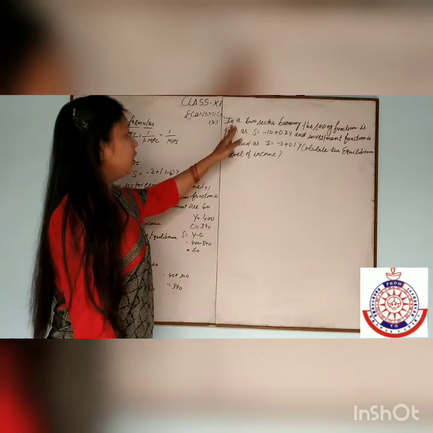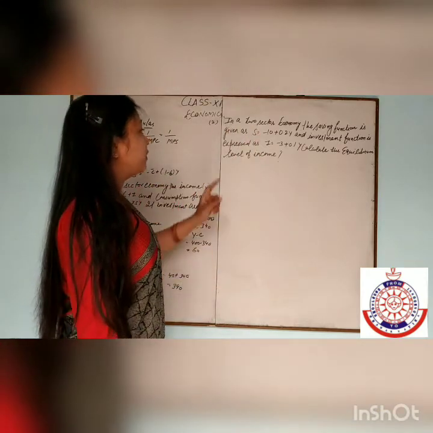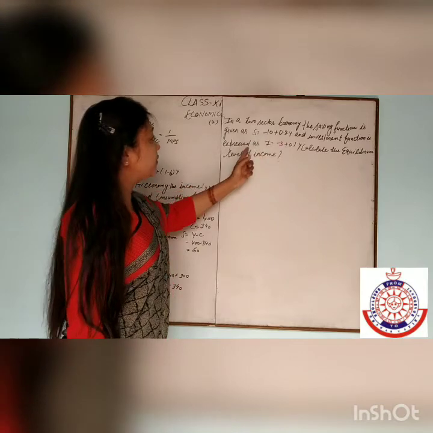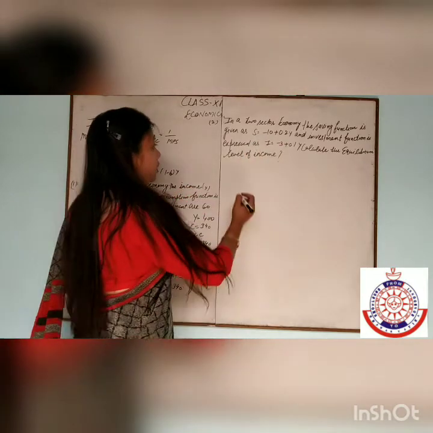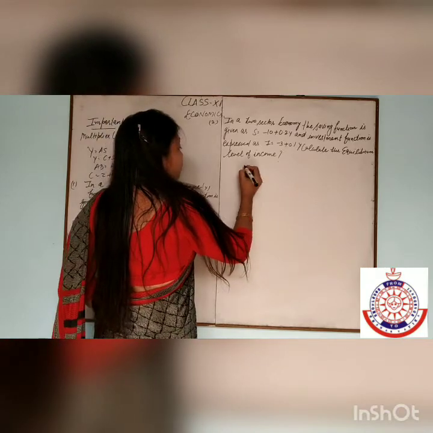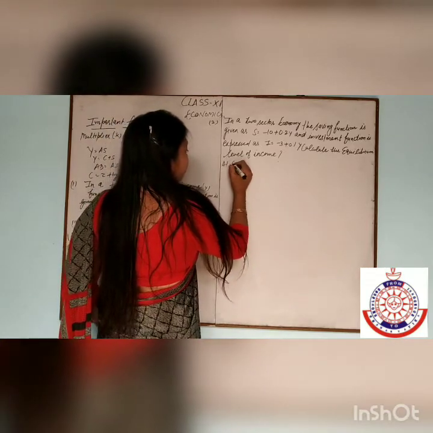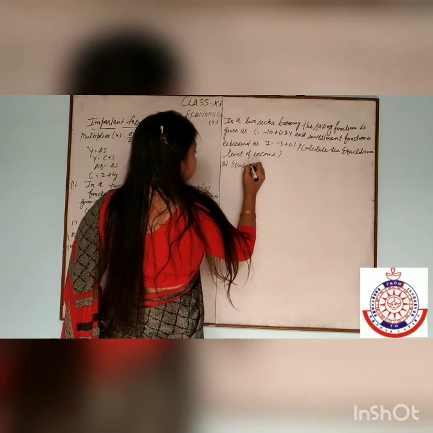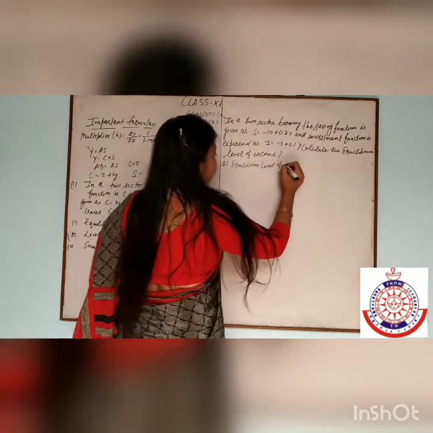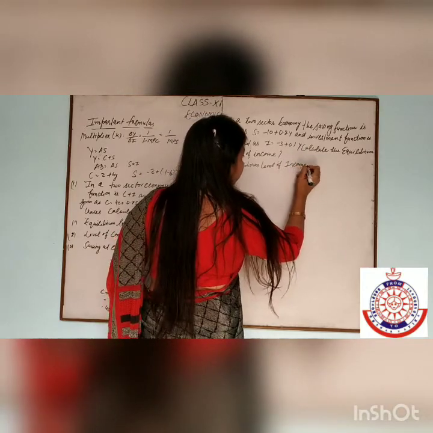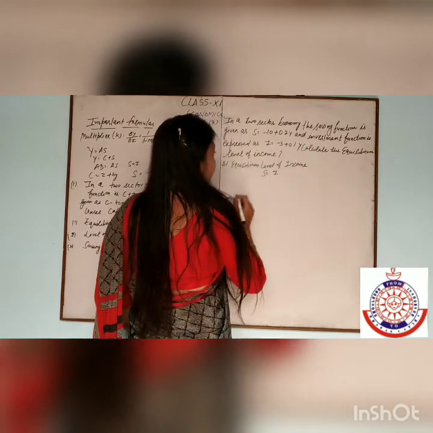Next question, in a two-sector economy, the saving function is given and the investment function is given. Calculate equilibrium level of income. You know, at equilibrium level of income, saving is equal to investment.